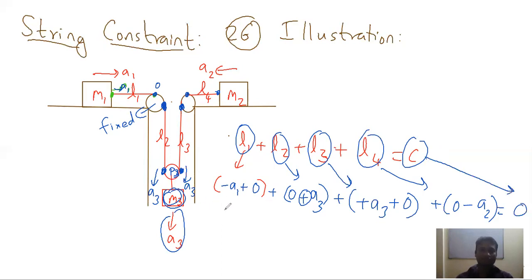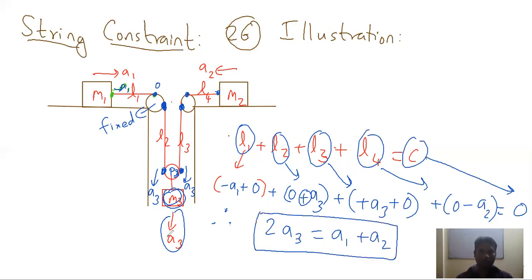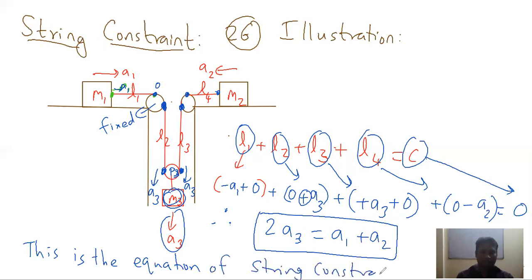So our equation becomes 2A3 is A1 plus A2. This is the equation of string constraint, and we have applied length constraint.